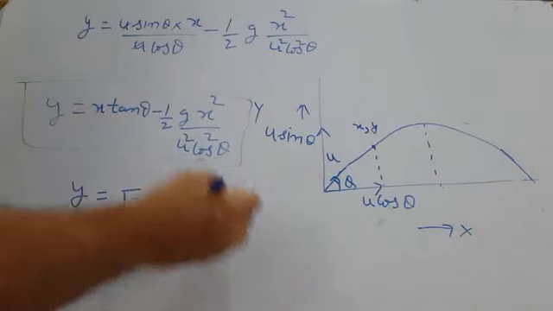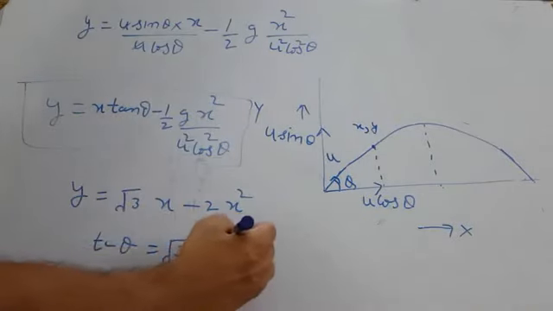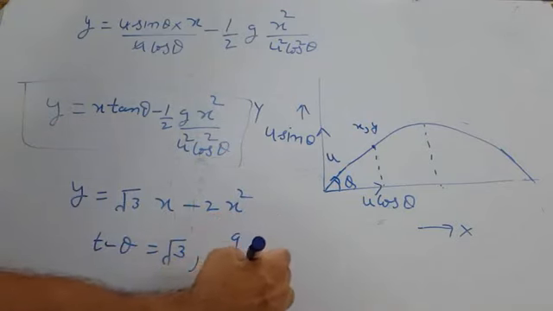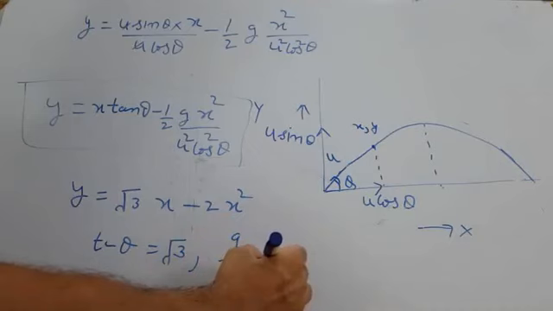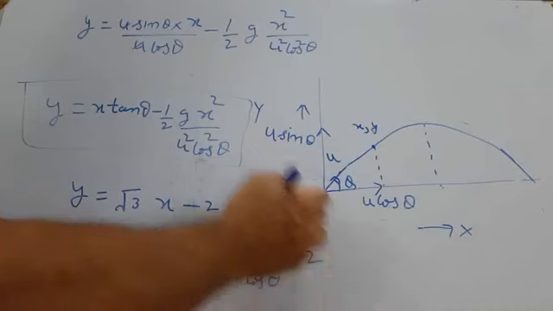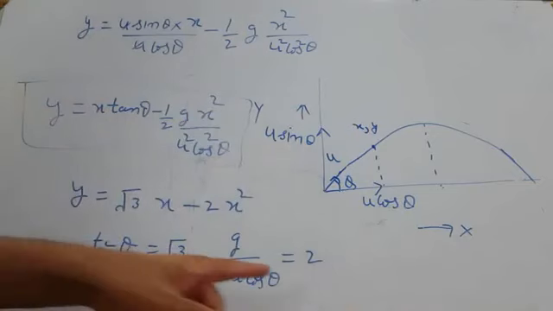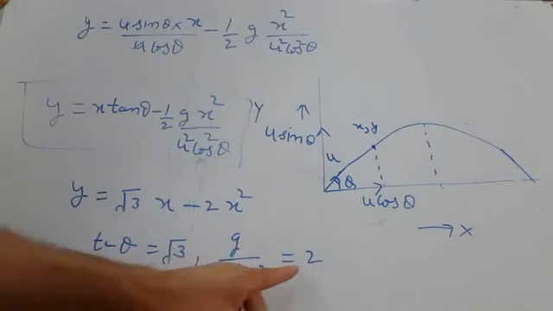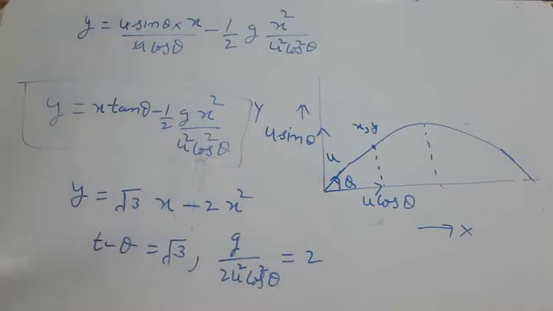What is the coefficient of x square? Coefficient of x square is g upon 2 u square cos square theta, and it is equal to 2. Compare these two. Now we know the value of theta. We know the value of g, so we can find out what will be u. From this equation, we can find out what will be u and what will be theta.